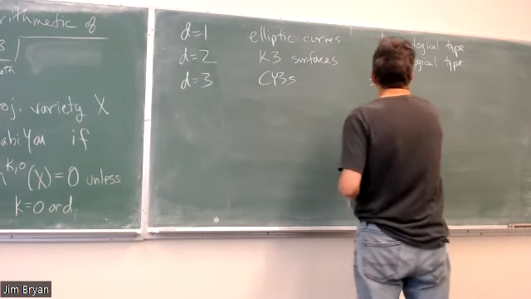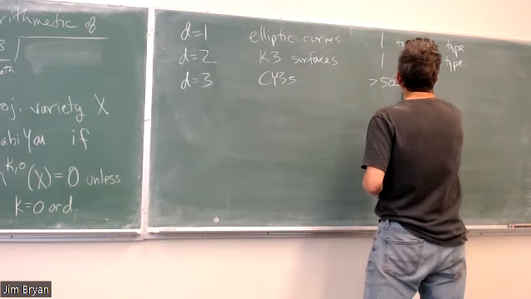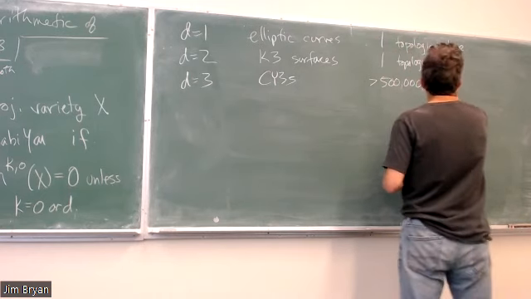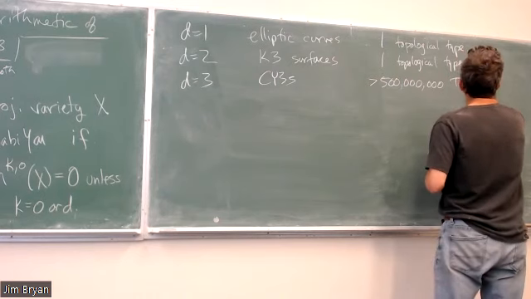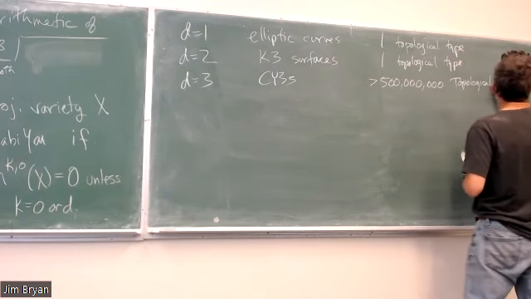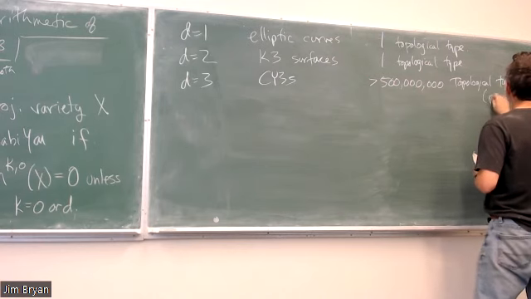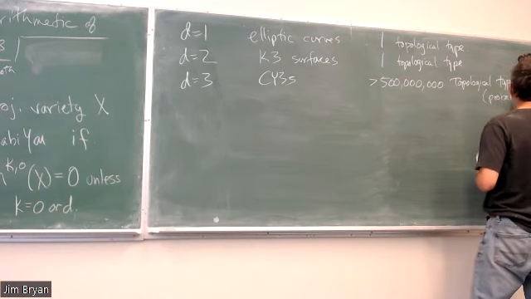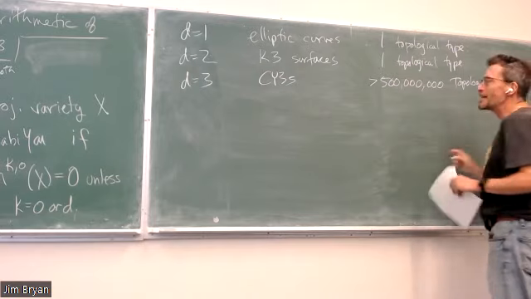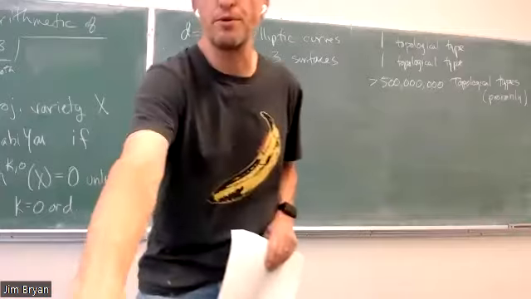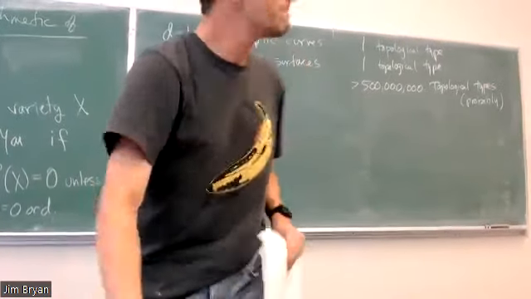This is somewhere greater than 500 million topological types. And let me just say, probably, because we don't even technically know that what I just said is true.